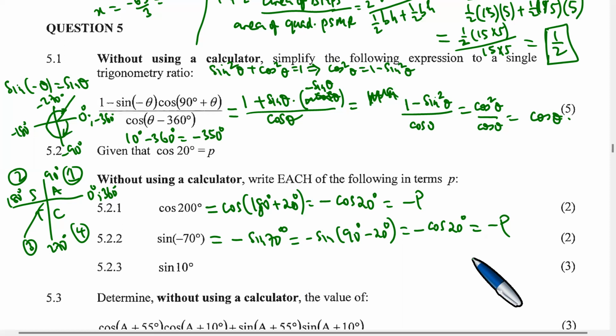So, try sine 10, please. Tell me what sine 10 is.